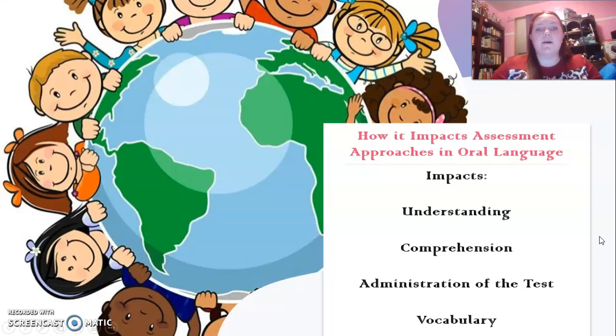Now let's discuss how dialect impacts assessment approaches in oral language. They can definitely impact the understanding. As a future educator, this is something that should be taken seriously, because different cultures could have words that mean different things.